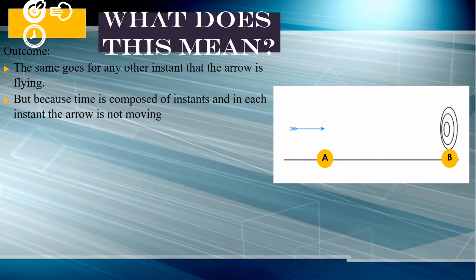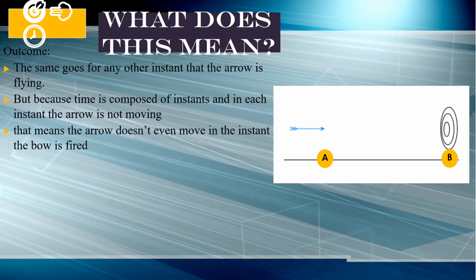But because this time is only composed of these instants, and within each singular instant, the arrow is not moving, then the arrow doesn't even move in the first instant that the bow is fired. Within each instant, the arrow is not moving. So how can the arrow be considered moving in between A and B?